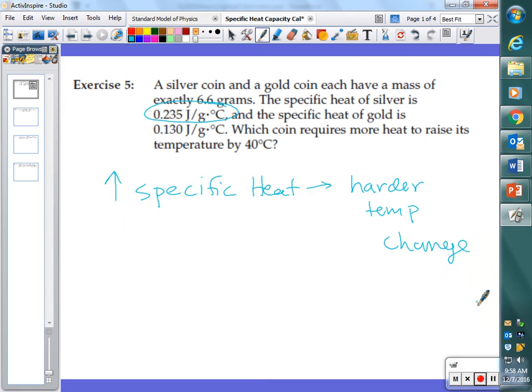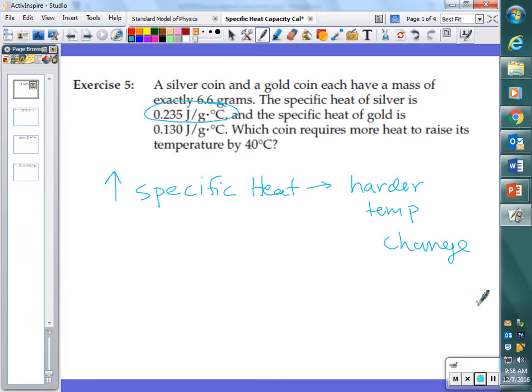Right? It's going to require more energy for it to go up 40 degrees Celsius because it's harder to get it to change its temperature. Good with that? All right.